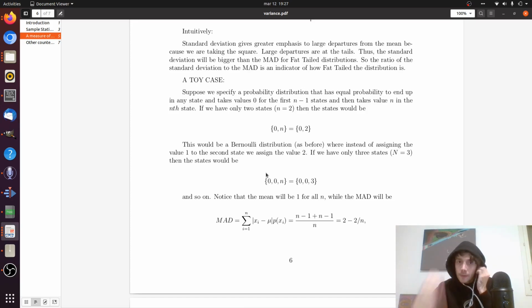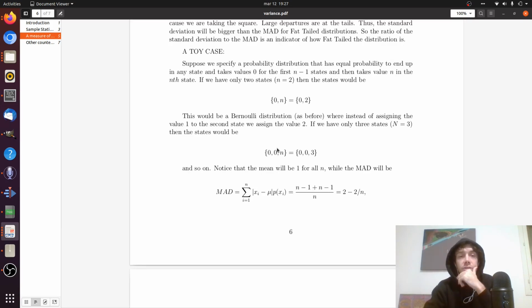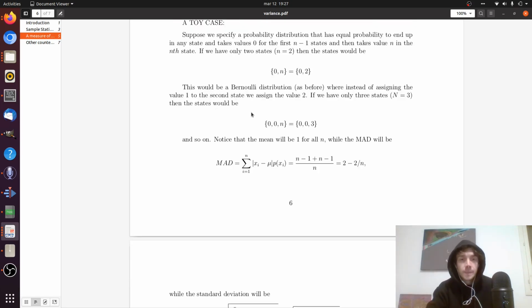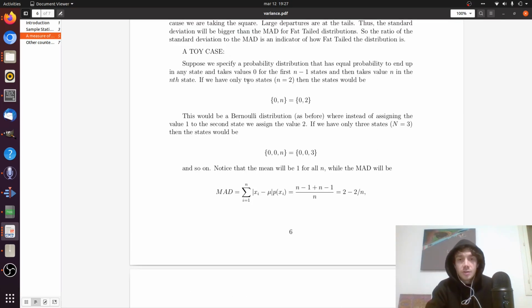This is just going to be a toy case in which we can compute all these quantities quite quickly, and we can see that the mean absolute deviation and standard deviation can be very, very different. So let's start small. We're going to take a probability distribution that has equal probability to end up in any state, and there's going to be n of these states, little n.